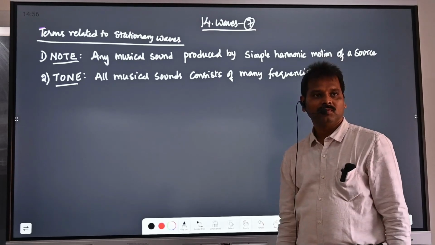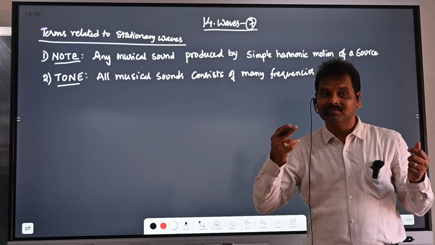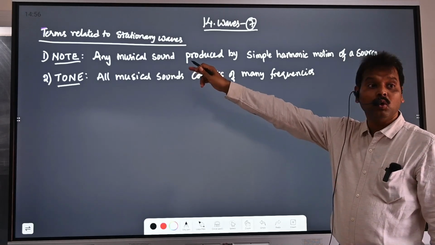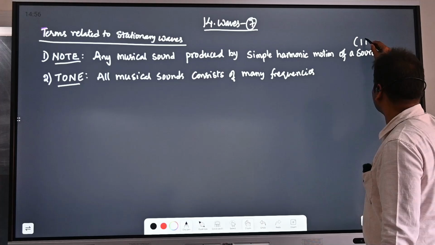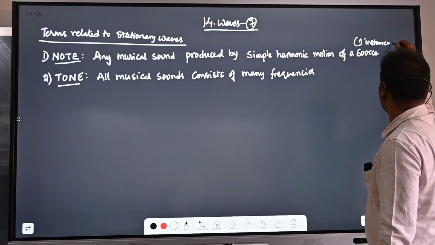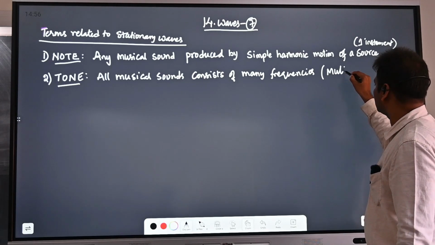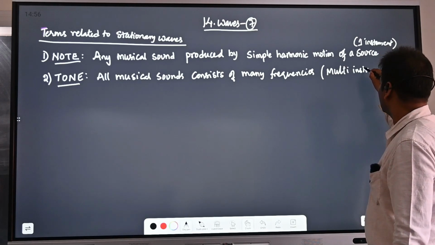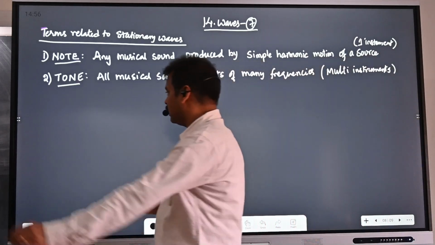Tone. But if you are playing guitar and singing a song, then it is called a note, not a tone, because it is single. Here I can write: one instrument is a note, multi instruments will give a tone. Clear?